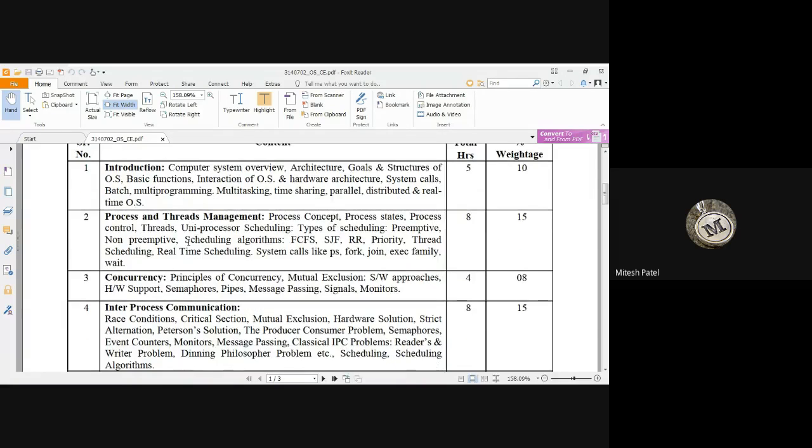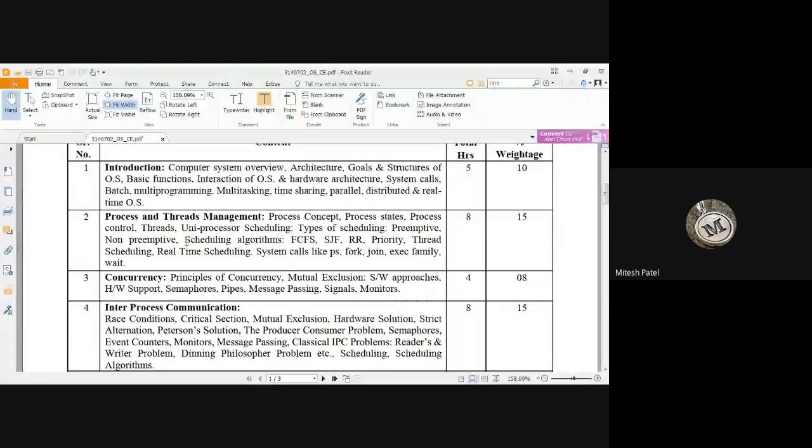Now the second unit, process and thread management. In this you need to learn what you mean by process, what you mean by threads, then the different states of the process, and if we have multiple processes, more than one process, then what are the scheduling algorithms to manage those processes, that is process management.